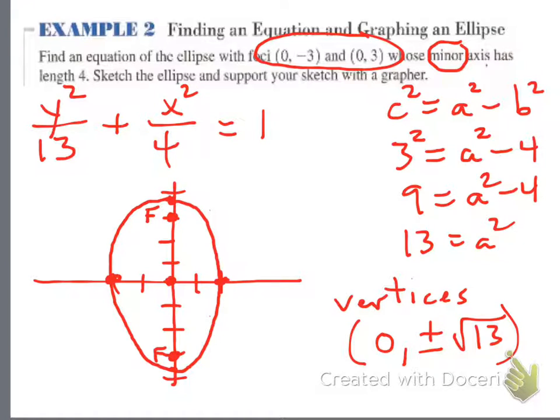That's not bad, actually. Notice how the ellipse doesn't go through the focus. It never goes through the focus. Also, what you'll find is the foci are always inside the ellipse, just as for parabolas they're always inside the parabola. So the fact that the foci were on the y-axis meant the vertices were also on the y-axis.